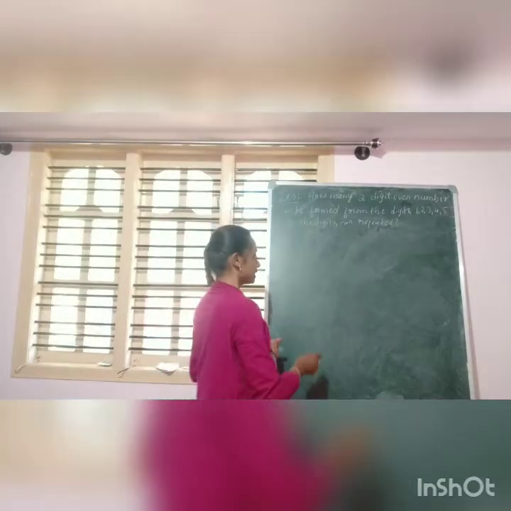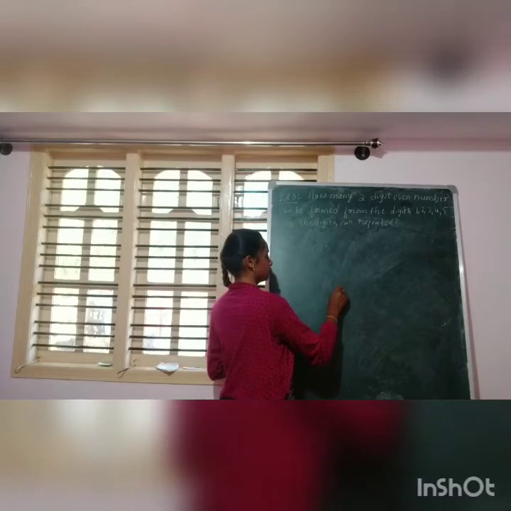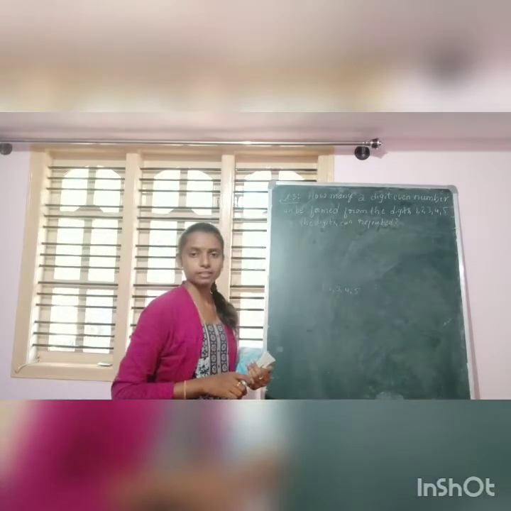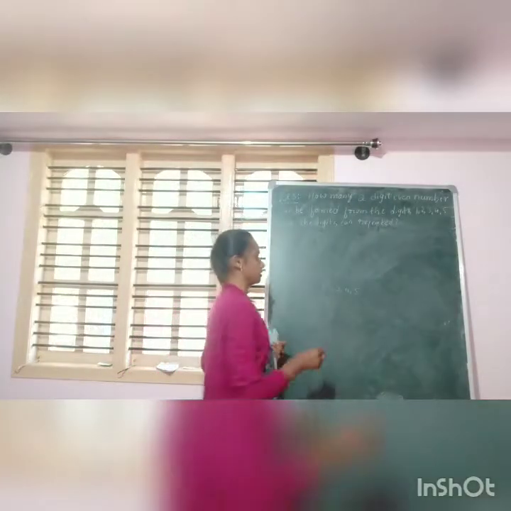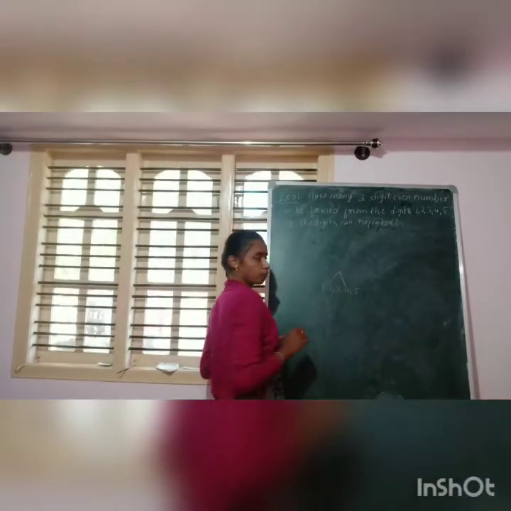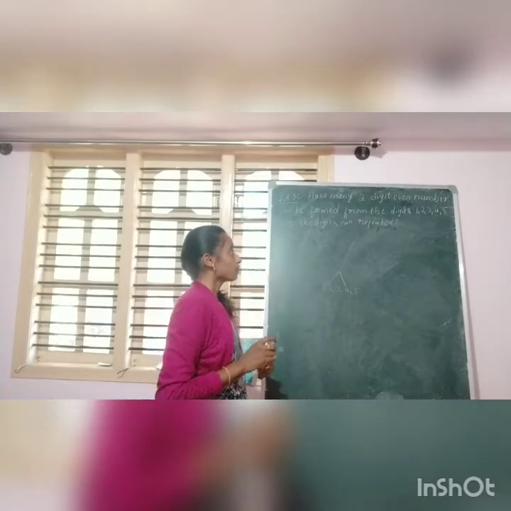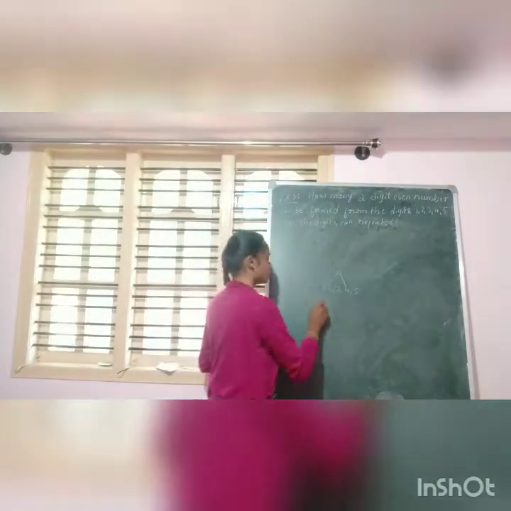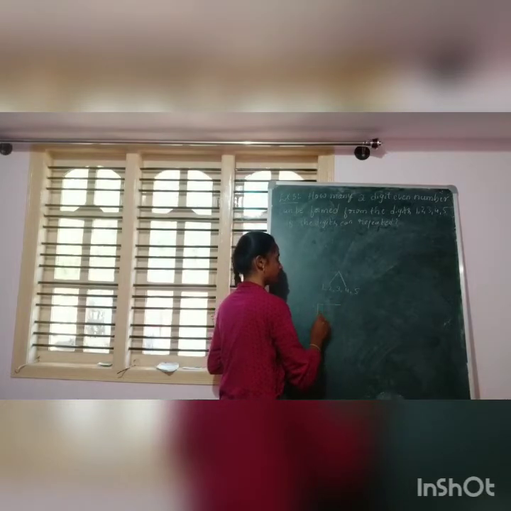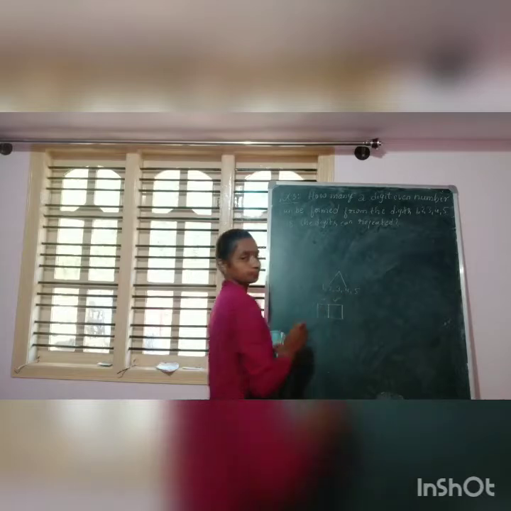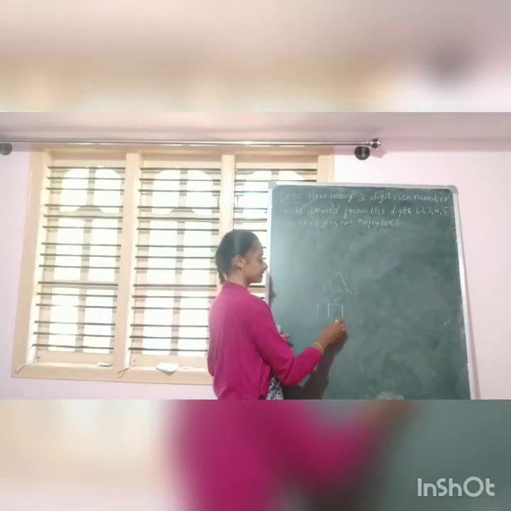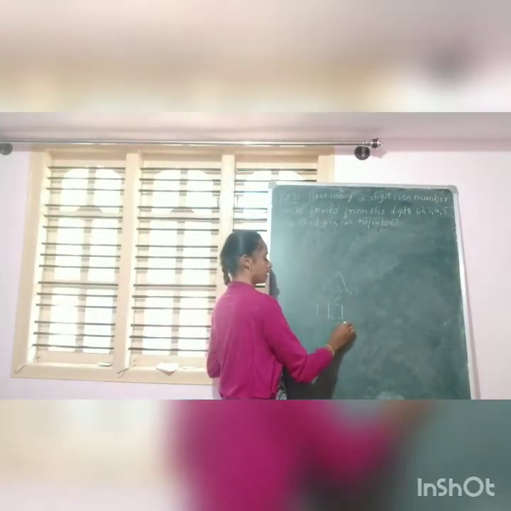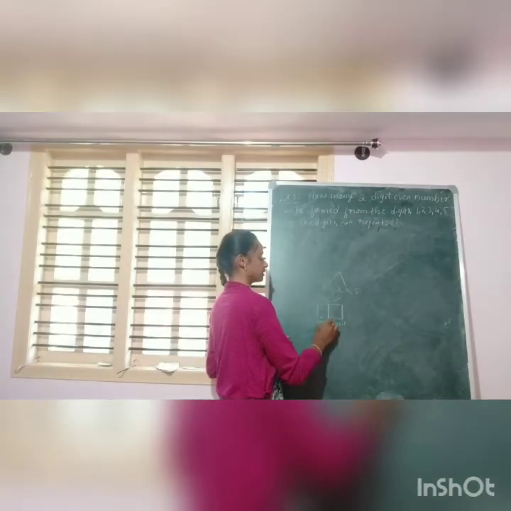Here the digits are 1, 2, 3, 4 and 5. Out of the 5 digits, there are only 2 even digits, that is 2 and 4. Now we need to find how many two-digit even numbers. So two-digit even numbers means there will be 2 vacant places, this is the unit place and this is the tens place.